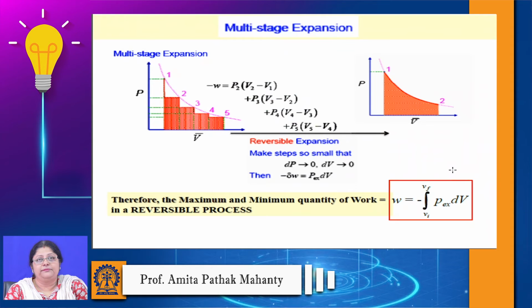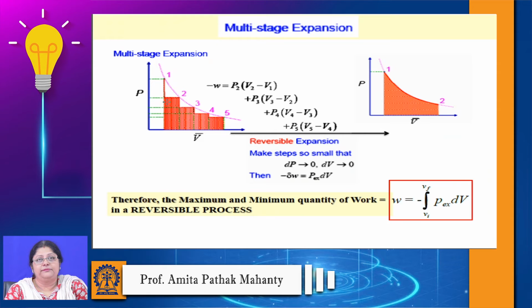Now, if I keep increasing the number of steps, an infinite number of steps, then what happens? I get such minute steps that I can say the change in pressure in each step, the increment, is tending to zero, and the volume change is also tending to zero. If such a condition is put, then the maximum and minimum work in the reversible process can be evaluated.